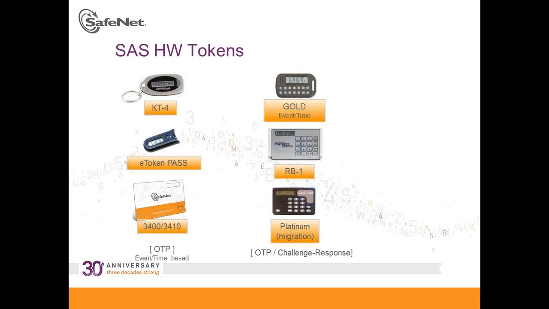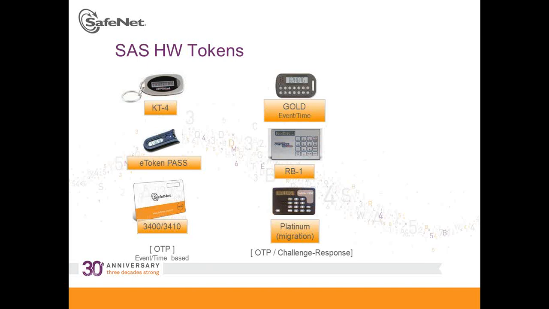We have the 34 and the 3410, which is a time and event-based, little credit card-based token. We have our gold tokens, which is our pin pad-based tokens, which are both time and event. We have the RB1 token, which is a credit card-based token. This particular token has 2 batteries in it that are replaceable. Again, rather than having a 7-segment LCD, it has a dot matrix.